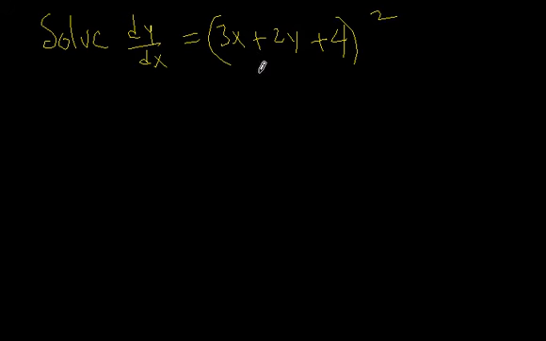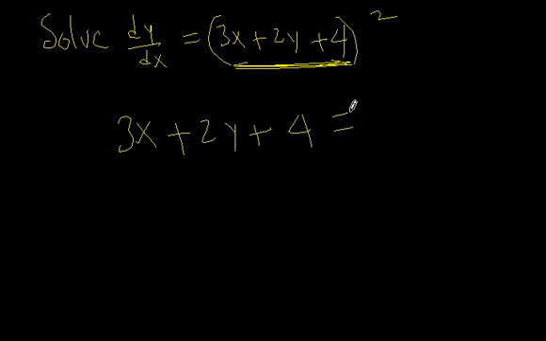Now, this right side contains 3x plus 2y plus 4 whole square, and even if you try to make the coefficient of dx as x alone, we may end with difficulty. We can't write the coefficient of dx as a function of x. So in this scenario, what we can do is change this linear function, that is 3x plus 2y plus 4, to some variable.